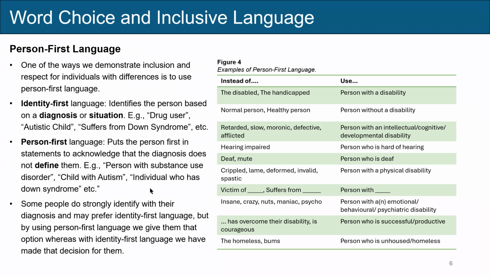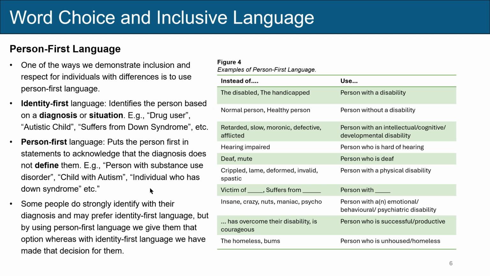Now, that person-first language is often compared to what's called identity-first language. Identity-first language is where we identify people in our writing or even in our speaking based on a diagnosis or an aspect of their identity. So calling somebody a drug user or autistic or Down syndrome, that really limits the person to that specific diagnosis.